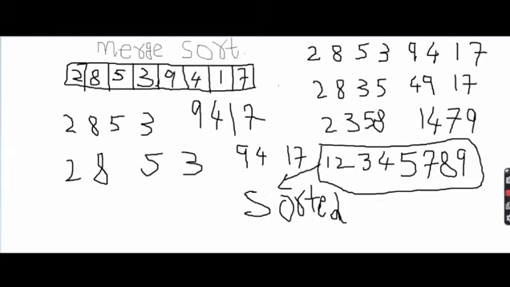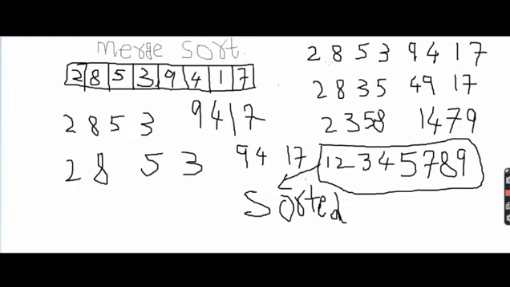Got it? So have you got the concept? First we were given the list. We used the divide and conquer approach to sort the list using merge sort. We divided into two parts, then into four parts, and then we got all of the elements individually. Then we merged them again and sorted the elements recursively.